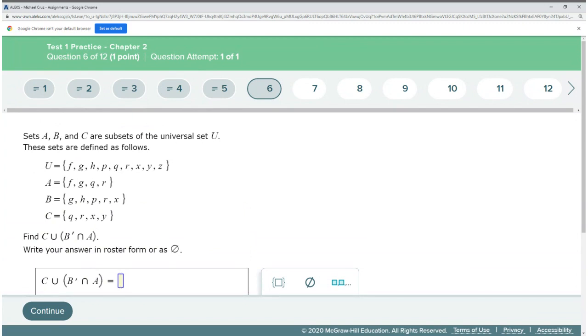We got A, B, C, and they all come from the universal set. That's what the universal set is. It's the parent set, and A, B, and C should come from that somehow.